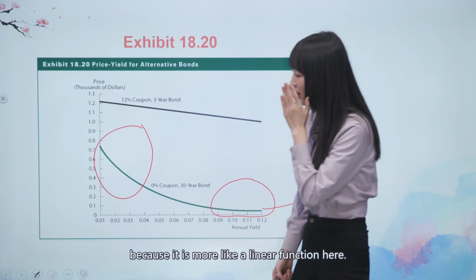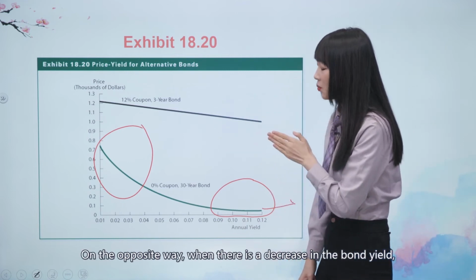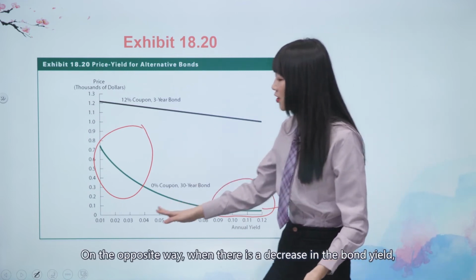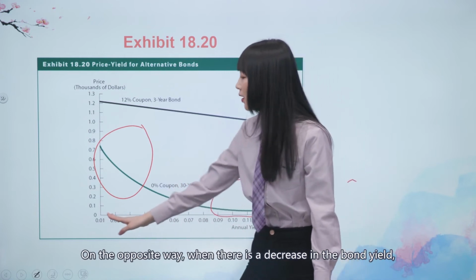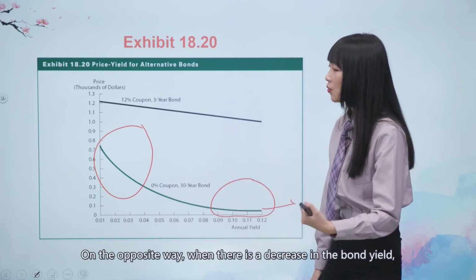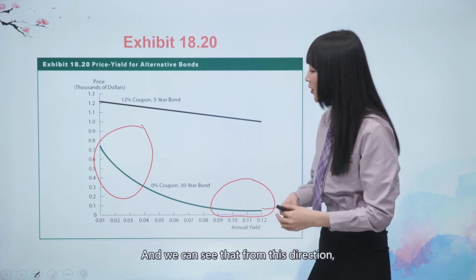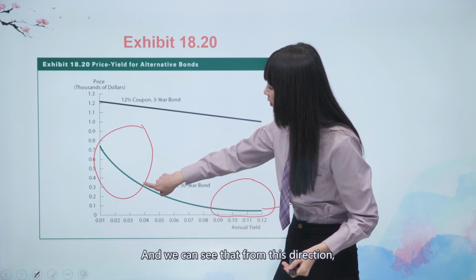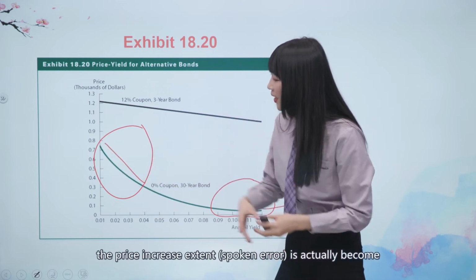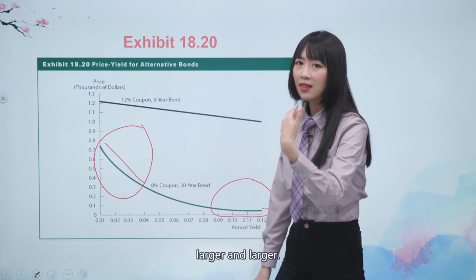And on the opposite way, when there is a decrease in the bond yield, there will be an increase in the bond price. And we can see that from this direction, it actually becomes larger and larger.